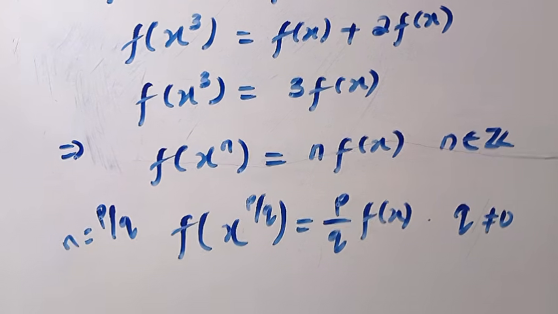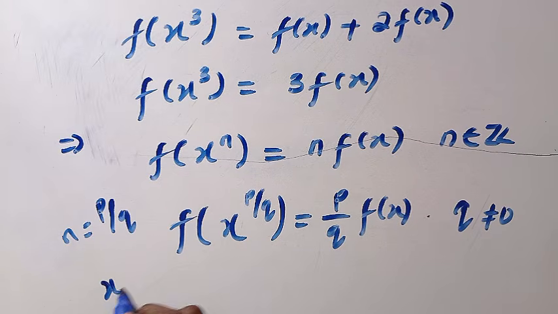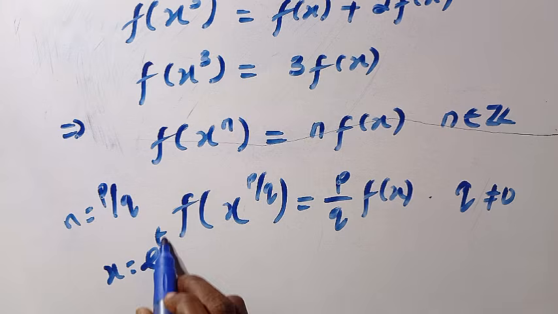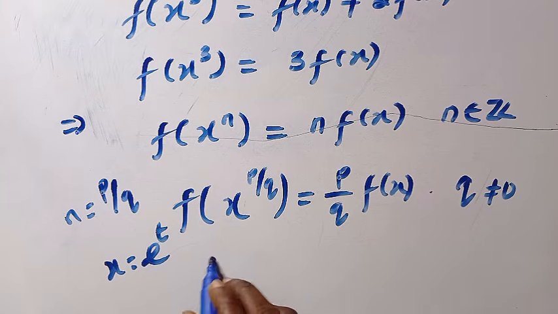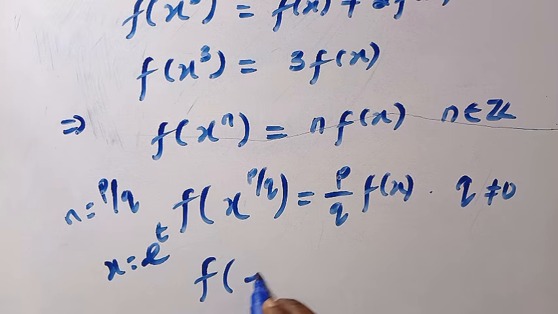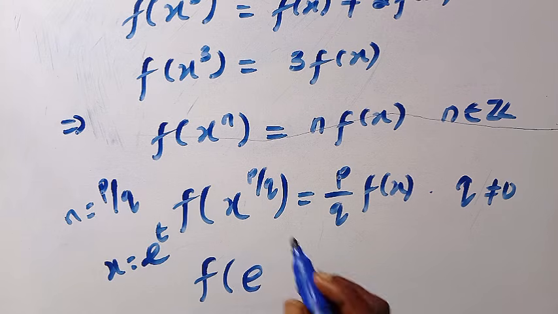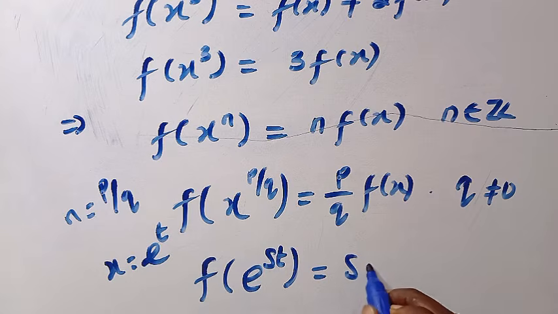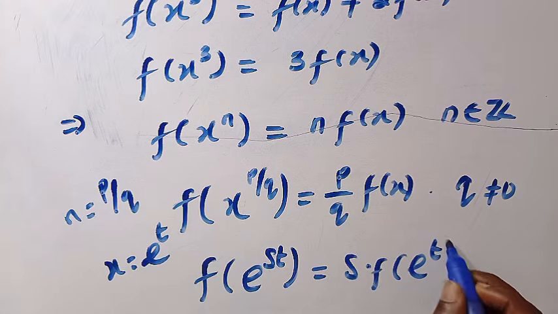From this, we can extract: if I let x equal the exponential of t, giving f of x equals x raised to the power of n, we have f of the exponential of t times x equals x multiplied by f of the exponential of t.